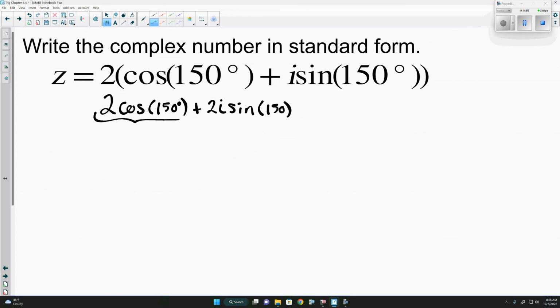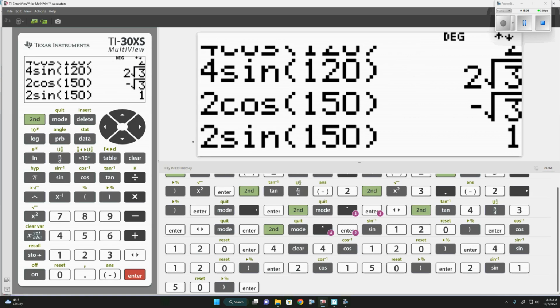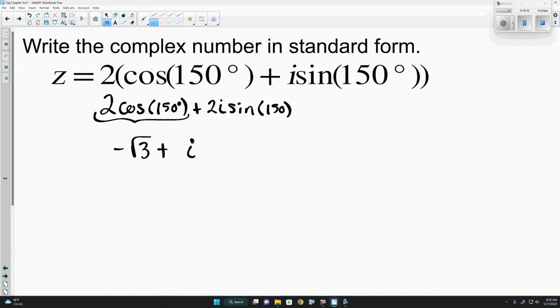And as we saw for this here, 2 cosine was negative square root of 3, plus we'll have I, and sine was positive 1, so it's just going to be plus I. That's the answer. Questions on this here? We're ready for the next part.